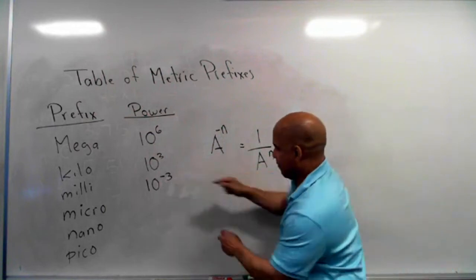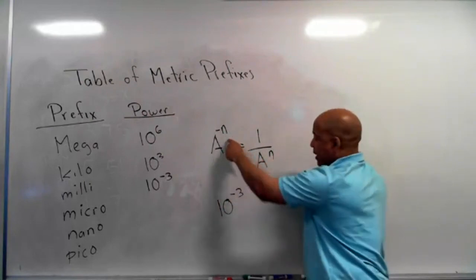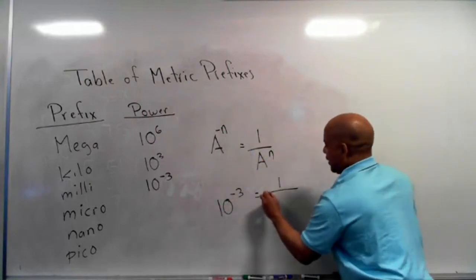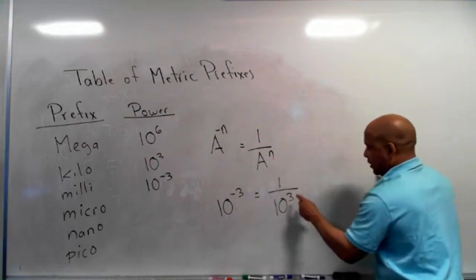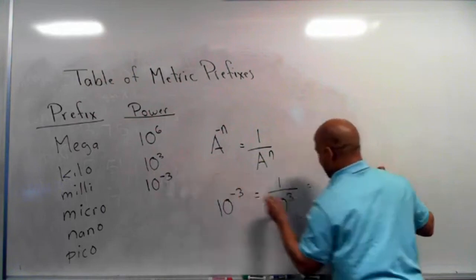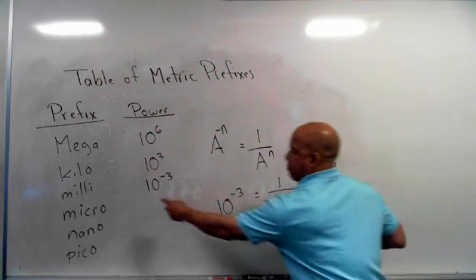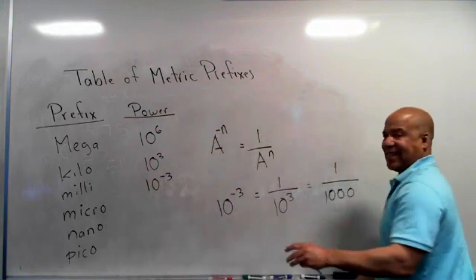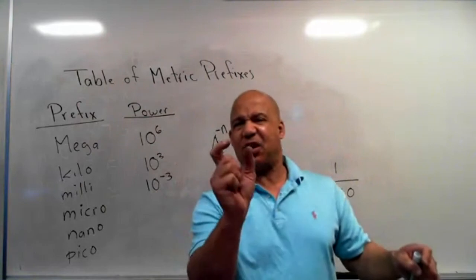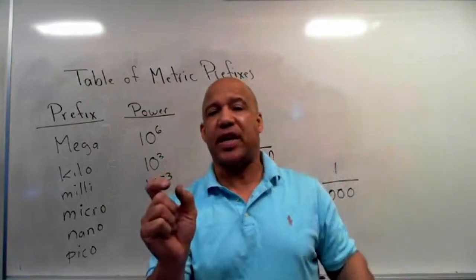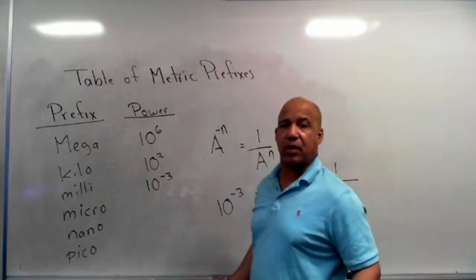So if I wanted to, I could take that 10 to the minus 3rd, that's like the a to the minus n, and I can write that as 1 over 10 to the 3rd, that's like the a to the n, but we know 10 to the 3rd, we said that was 1,000. So I can see that a milli is 1 over 1,000. It's like taking a unit and dividing that up into 1,000 pieces. So a milli is a thousandth. You can do this with all of these to understand what you're dealing with.